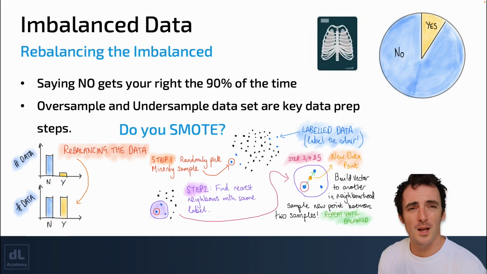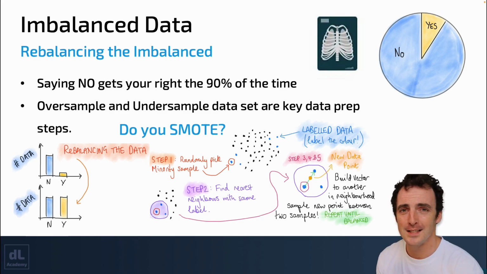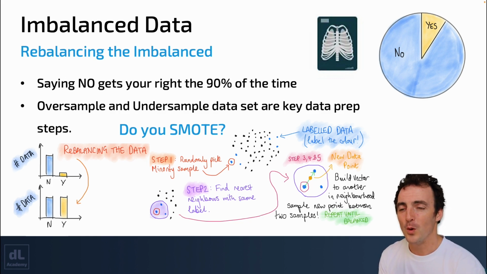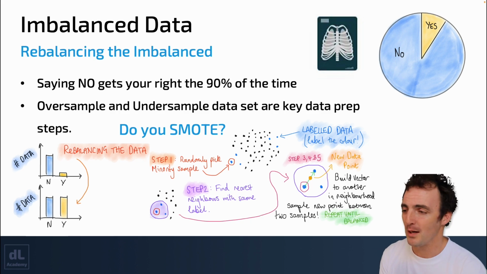If you're trying to build an algorithm which classifies this yes or no, the imbalance in the data set becomes a real problem. For one, you need to redefine good. If on average only 5% of your data says yes, a simple algorithm that always says no will be 95% right over your data. So one, you need to redefine good, but that's a separate story.